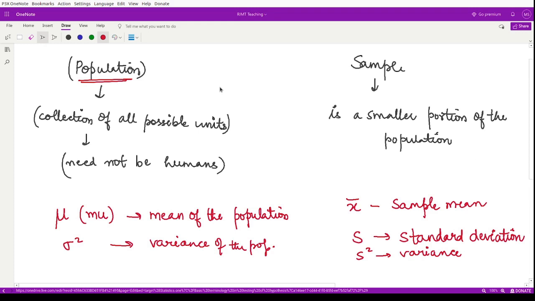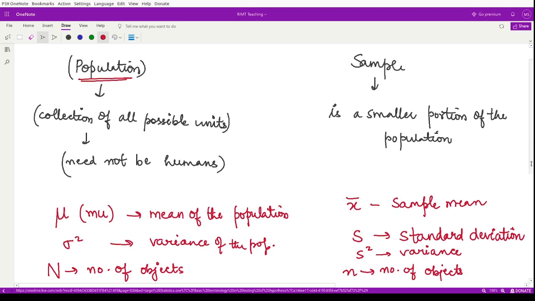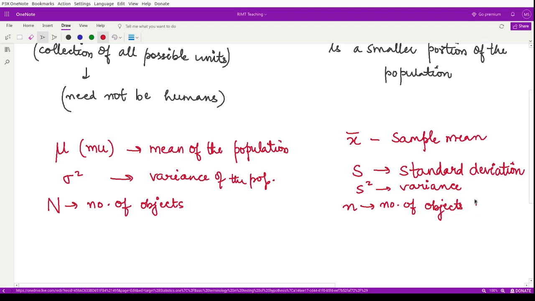After defining these parameters, for population we use capital N to represent the number of members present in the population, and we use small n to represent the number of objects in the sample.